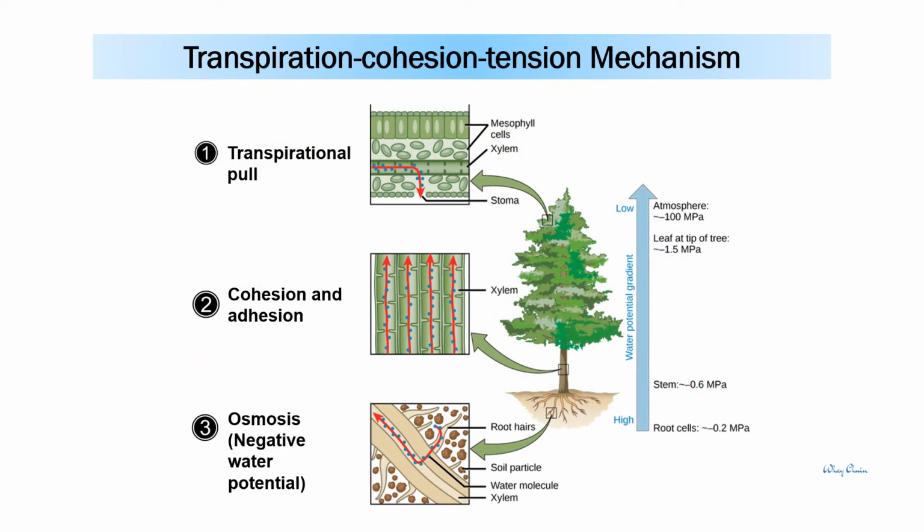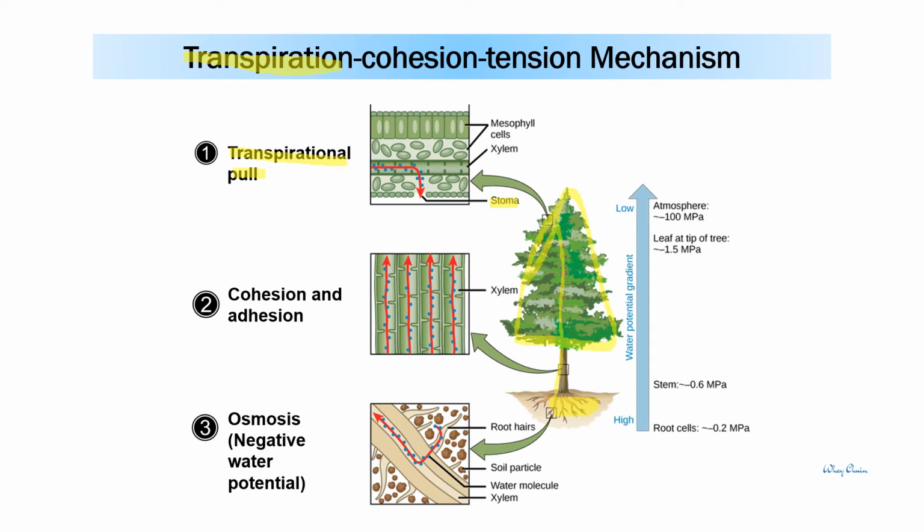Transpiration, cohesion, tension mechanism is very important to pull the water from the root to the shoot of the plants, even though the plant is very tall. It begins with the process of transpiration, which occurs at the stomata of the leaf. And this process is able to produce transpirational pull, which is a pulling force.